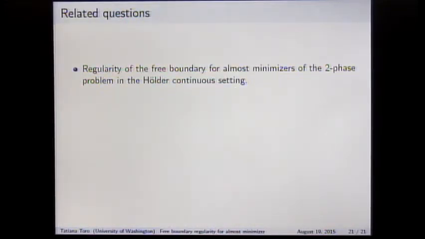So what we are looking for now, we need to understand the two-phase problem. How was it done in Alt-Caffarelli-Friedman? Really, that's one of the spots where this theory goes to the viscosity solutions and you get the regularity. And unfortunately, that doesn't work for us.